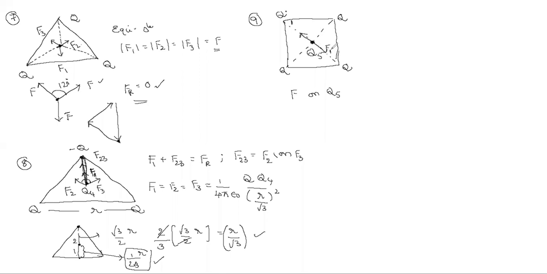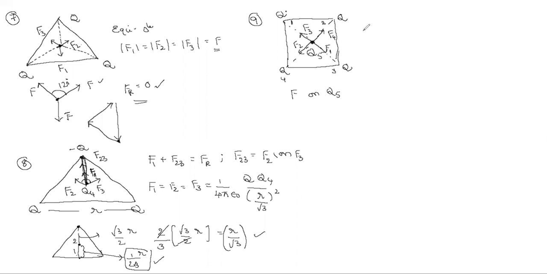So this is due to the first charge, F1. And F2, Nana. Alright, this is F2. And this is the third charge, this is F3. And F4.